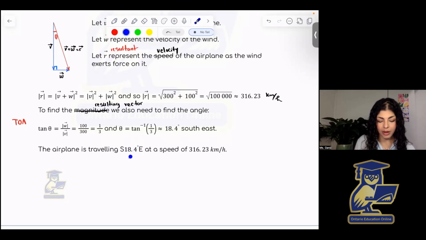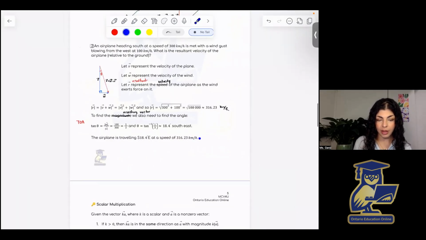So the airplane is traveling at 18.4 degrees east of south at a speed of 316.23 kilometers per hour. And again, keep in mind, this part is speed because it doesn't have the direction, but this combined is our velocity. And don't forget your units as well.